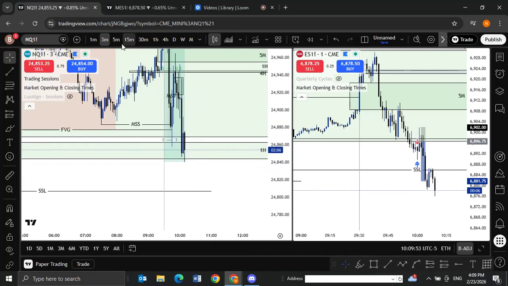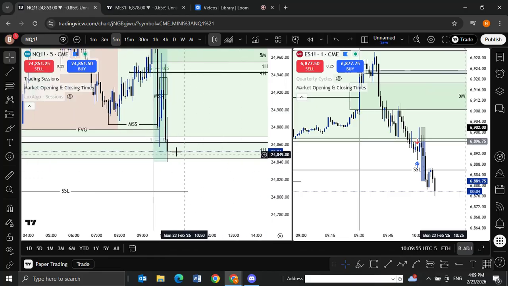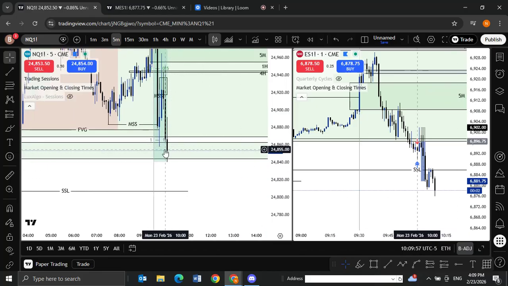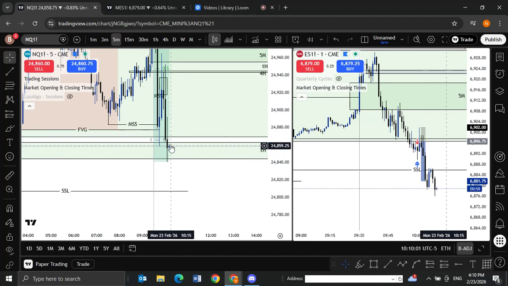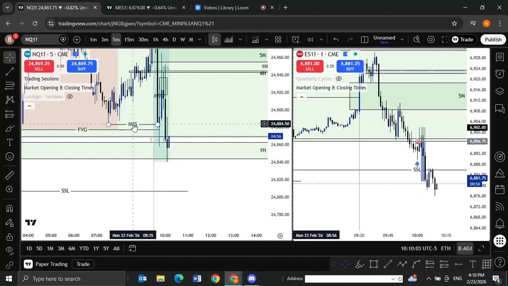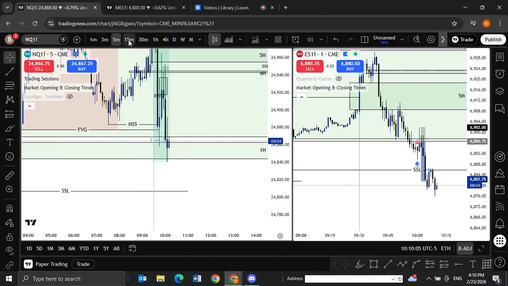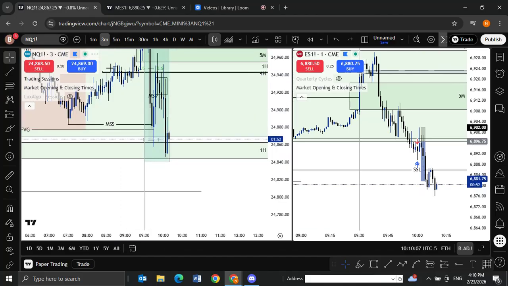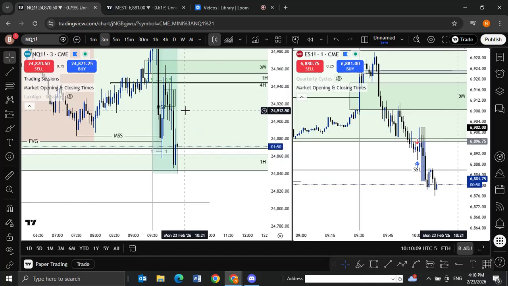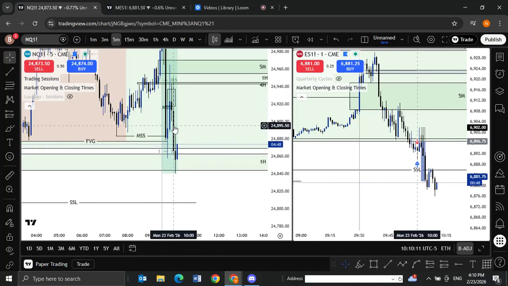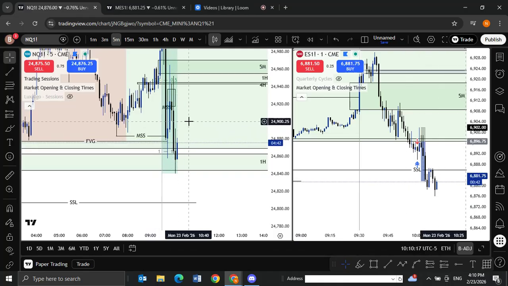So maybe I want to see what the next 5 minutes candle will do, and based on that, if we push higher, find the place where we're gonna stop here, and then we're gonna make the 3 minutes inversion for value gap.